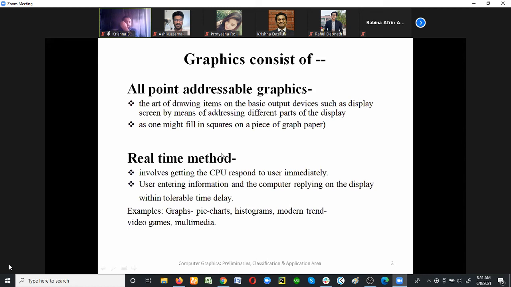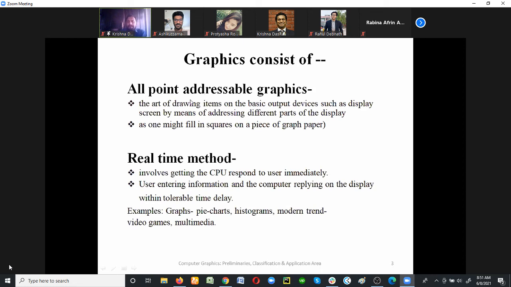One is all point addressable graphics, and another is the real-time method. So these are two important aspects: all point addressable graphics and the real-time method. Now, what is that all point? You may think of it as addressing all points. I already gave you a hint in the previous slide when we were discussing the location of Uttara, right?